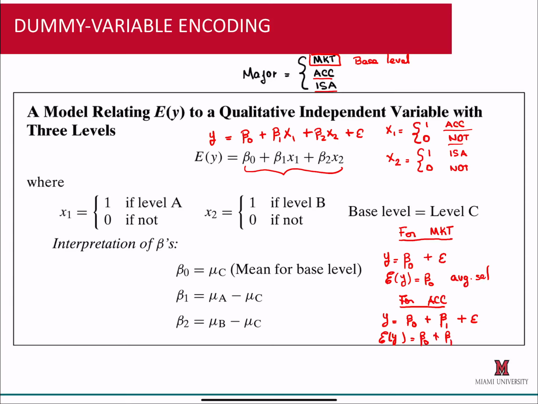It will be whatever the average of the marketing major, beta 0, and then we put an extra term, beta 1, which will be the difference. If beta 1 is positive, then on average, accounting majors will earn more than marketing majors, which is the class that was left out, the base level. If beta 1 is negative, then on average, accounting majors will earn less than the base level. But we always have to compare against the base level.